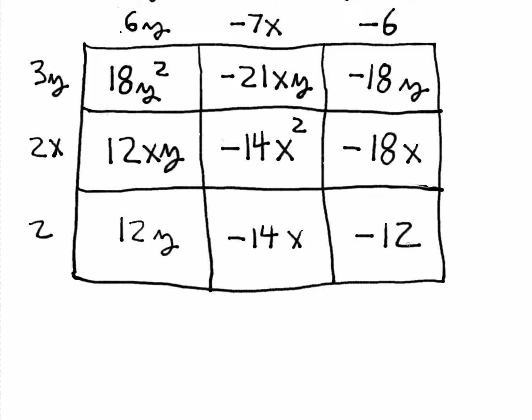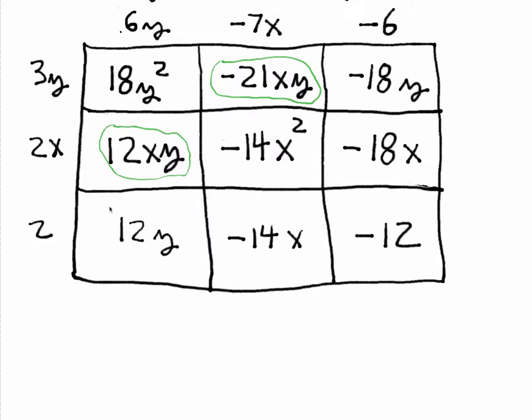Now here's something that's really nice to look at. I'm going to circle objects. This is another really beautiful thing about this, is that I'm going to circle objects that are what we call like terms, and you should see some nice symmetries here. So for example, this thing here can be added to this thing right here, okay?